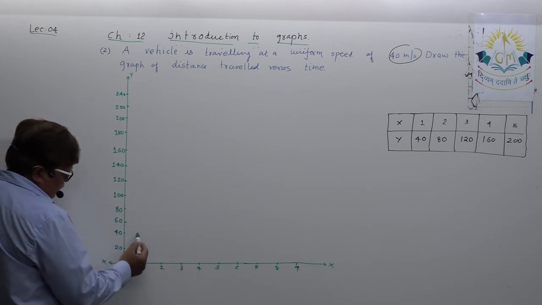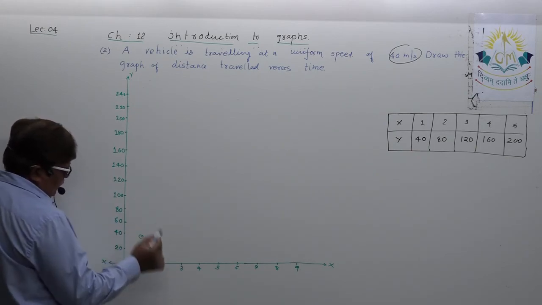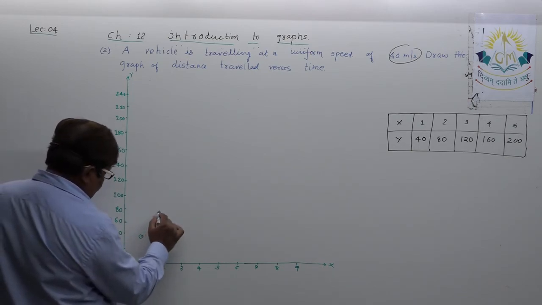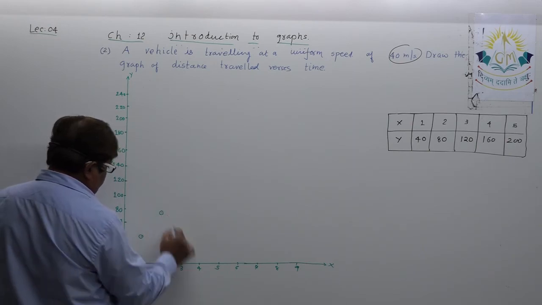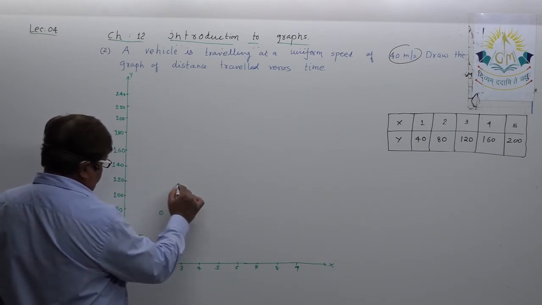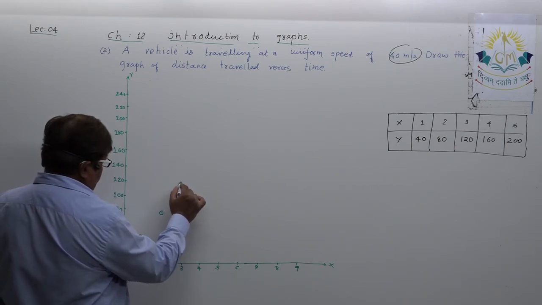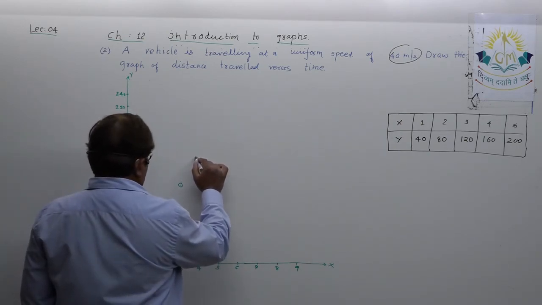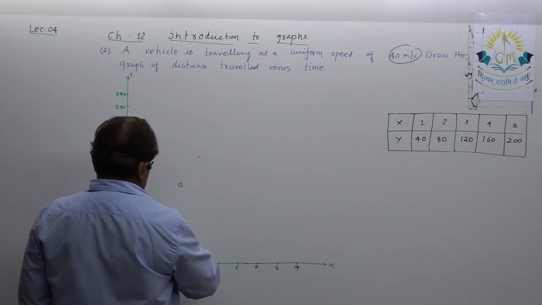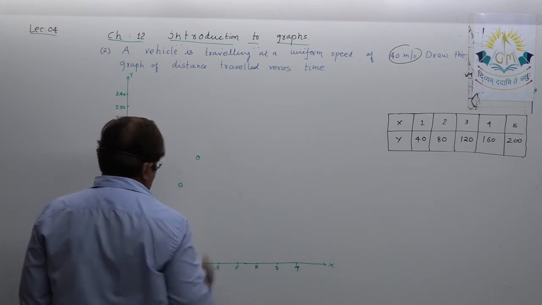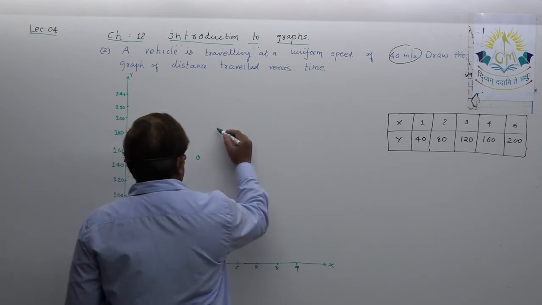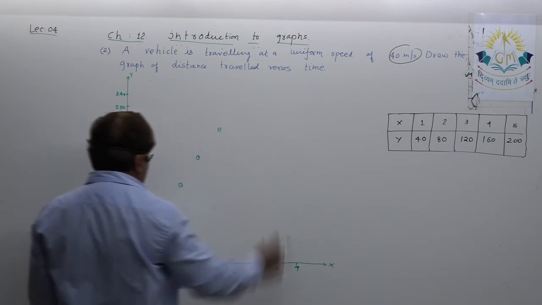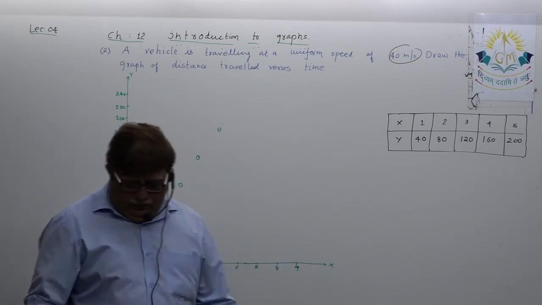First pair 1, 40, second pair 2, 80, third pair 3, 120, fourth pair 4, 160. Okay, fifth 5, 200. Five values we got.